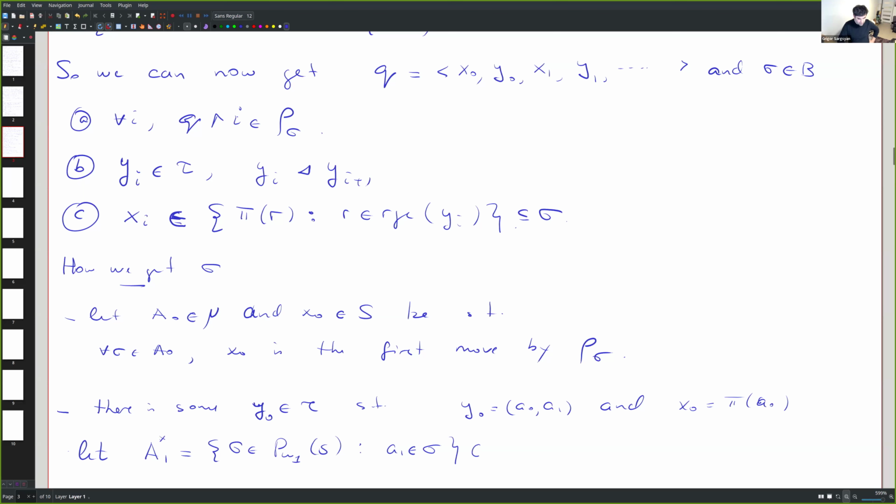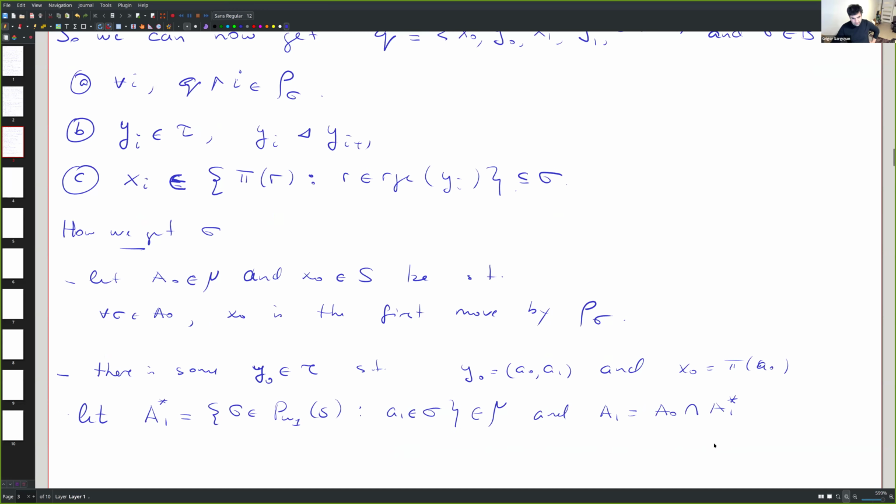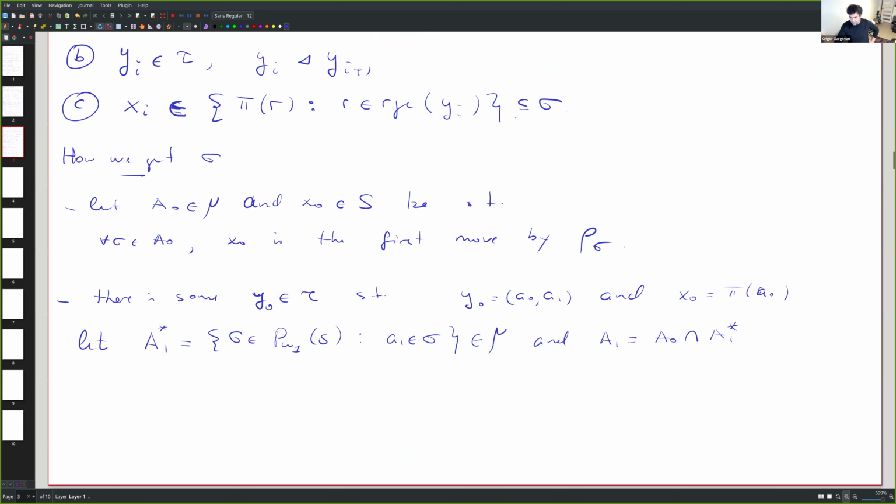Let's call this A1 star. This is in mu, and A1 is A0 intersection A1 star. So this is in mu. And now for every sigma in A1, the pair we played, x0, y0, is in rho sigma.